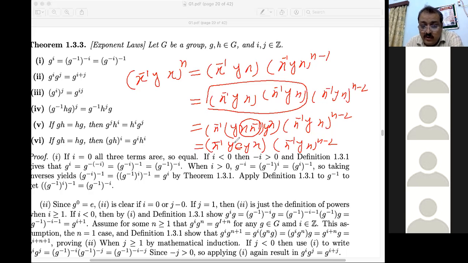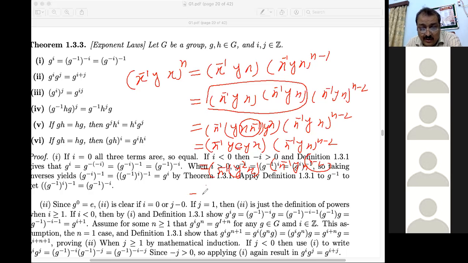Now y into e is equal to y, so this can be written as x inverse y square x, and now you have x inverse y x to the power n minus 2. So n minus 2 is there, and this power is 2.